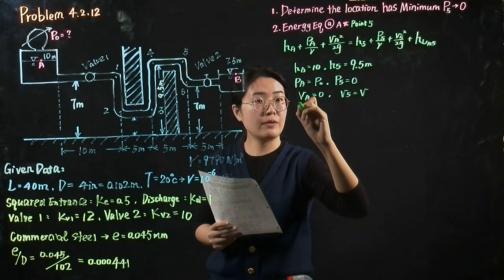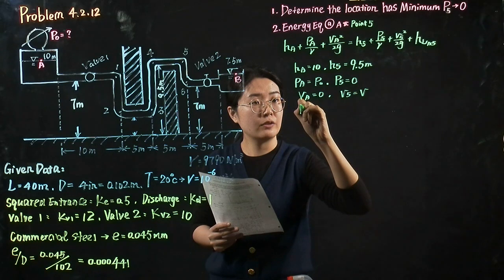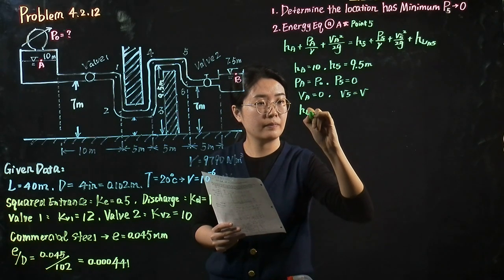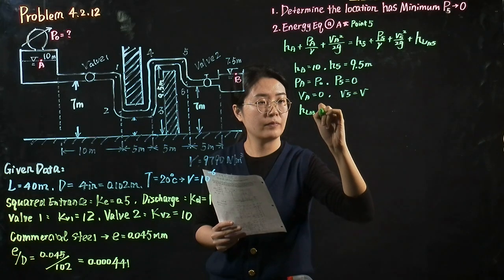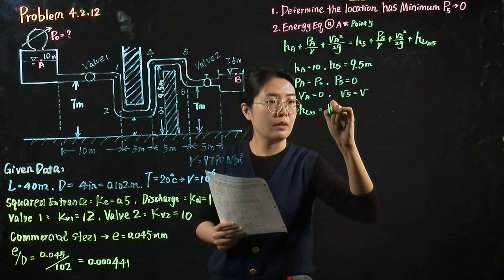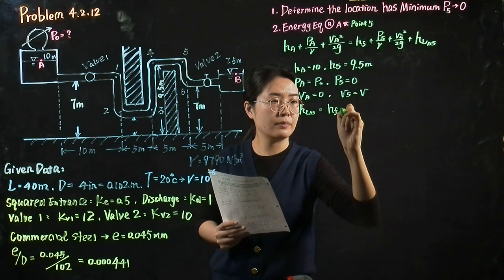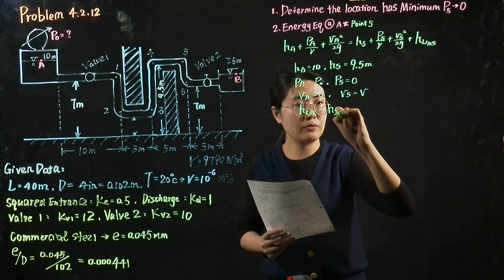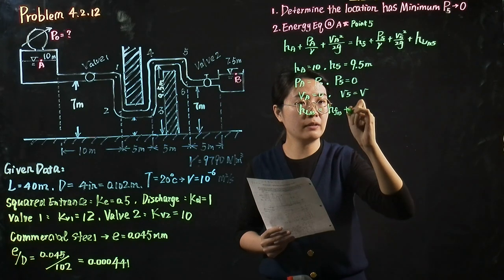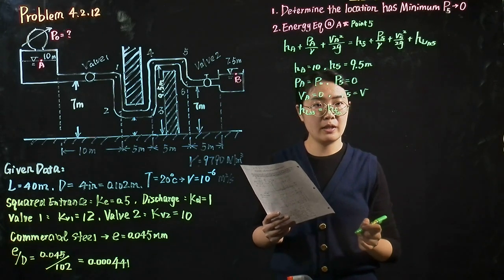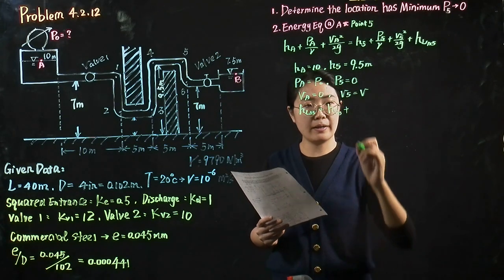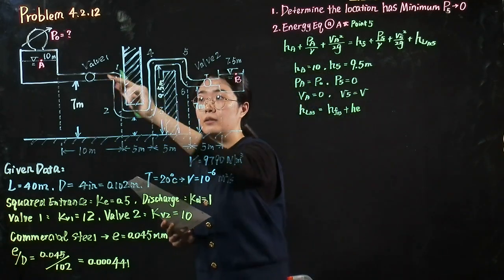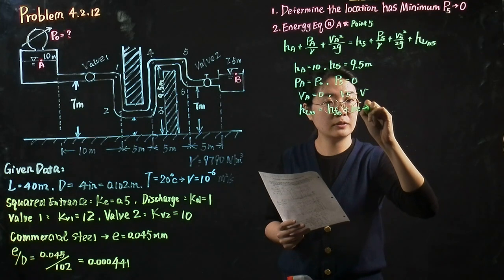The head loss from point A to point 5 equals the friction loss from A to 5 plus two minor losses, which are the loss caused by the entrance and the first valve.